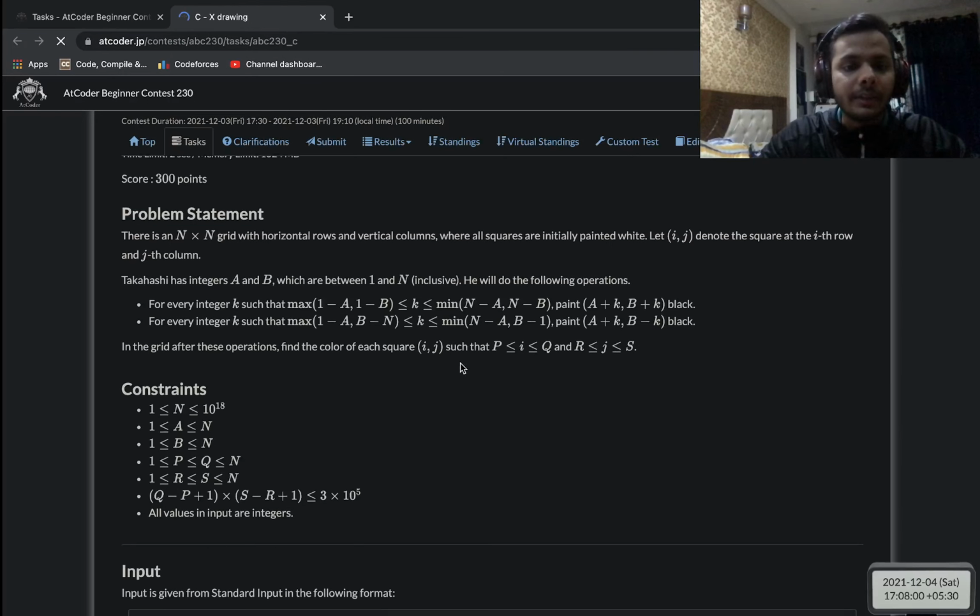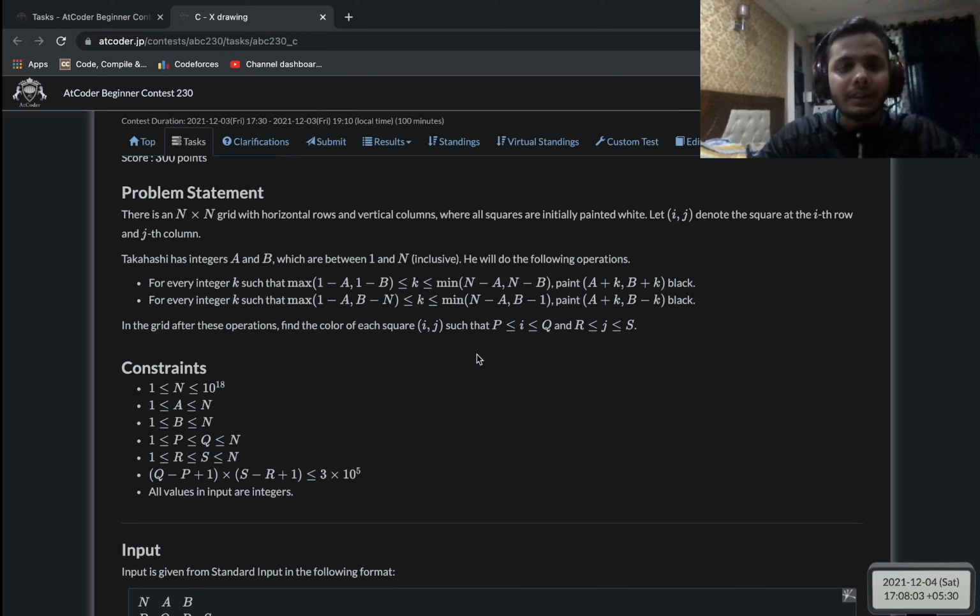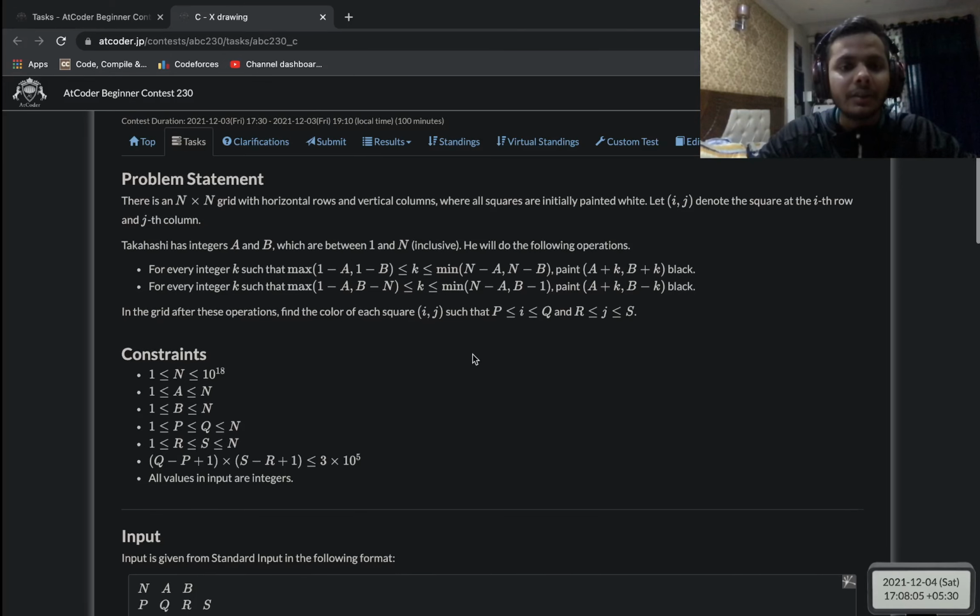Again, this was a pretty trivial one, although it looked a bit intensive, but it turns out that you didn't have to apply any brains here. So I'll be quickly skimming through this problem. We have an n cross n grid where n can be very large, up to 10 to the 18. First of all, all the cells are painted white, and you choose some cells and paint them black.